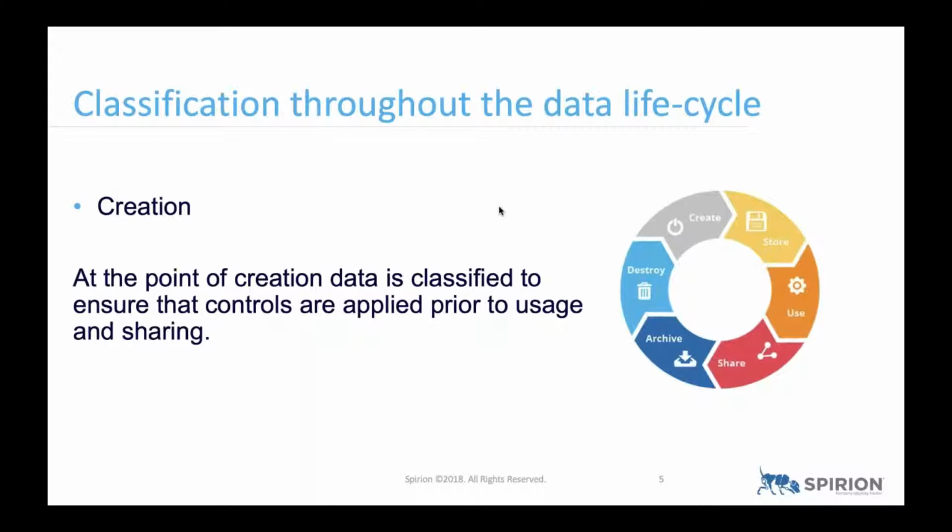And again, what we're looking to achieve here is the second that that data is created, whether it is net new or a subset of some other data set, we want to make sure that all of the other controls that we've defined that should be governing that data type can apply immediately. So right at that stage of creation is one of the many ways where classification comes into play there.